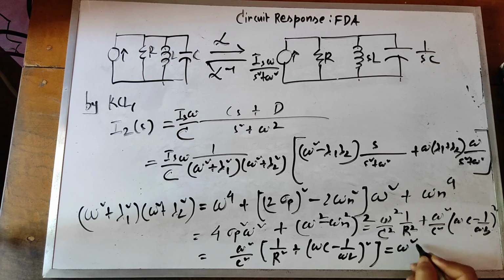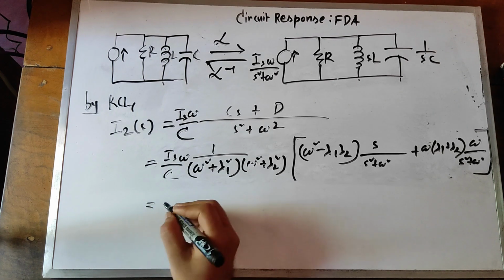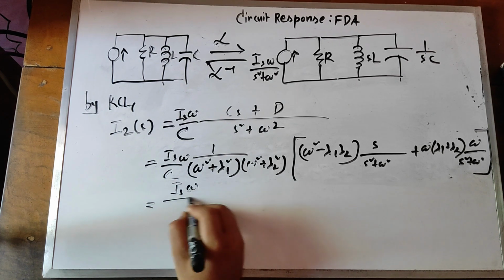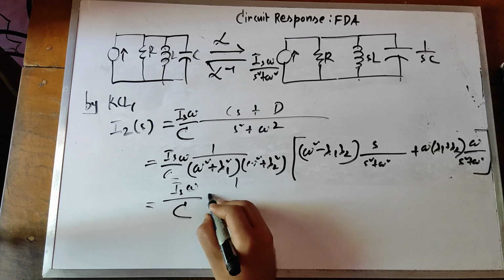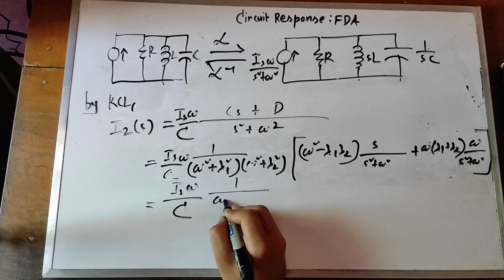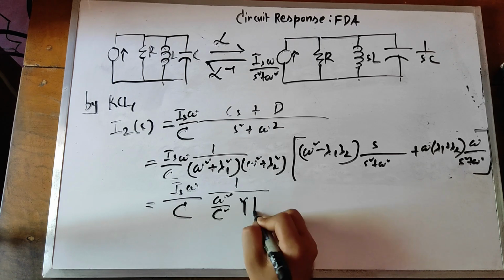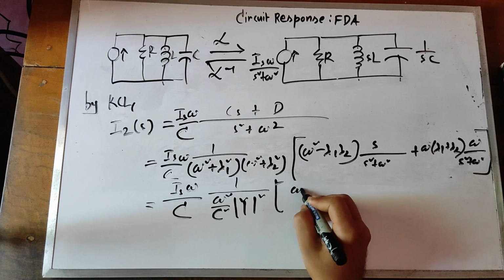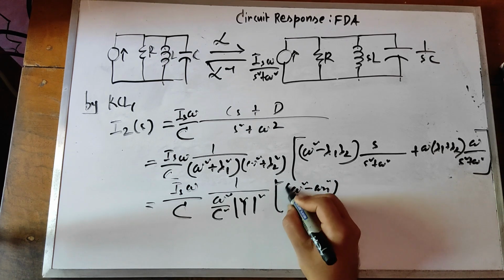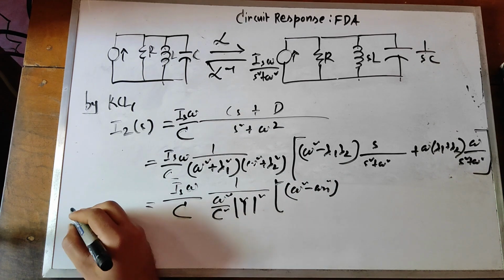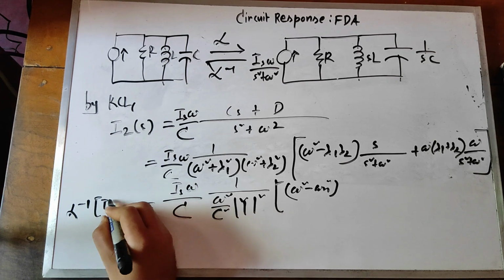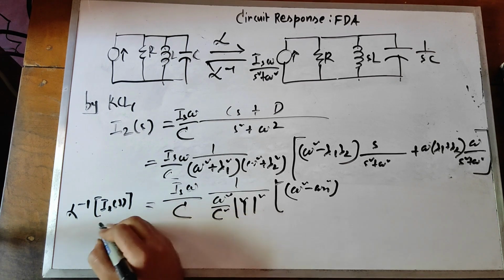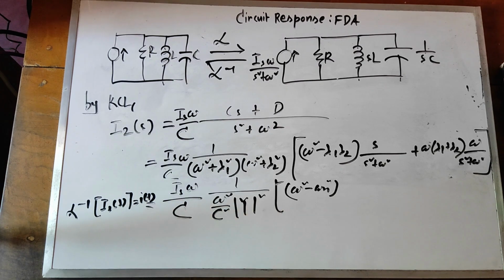So this is omega squared by c squared magnitude of admittance squared. So this will give me omega by c and 1 by omega squared by c squared admittance squared, and this omega squared minus omega n squared, and if I take inverse Laplace, it will give me it in time domain.